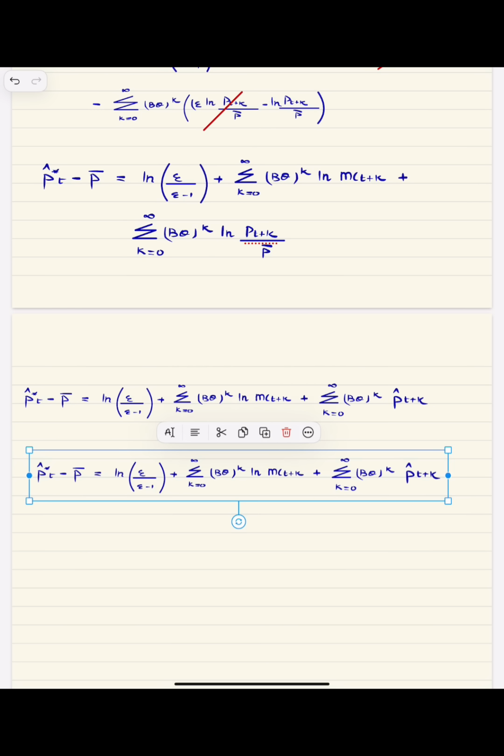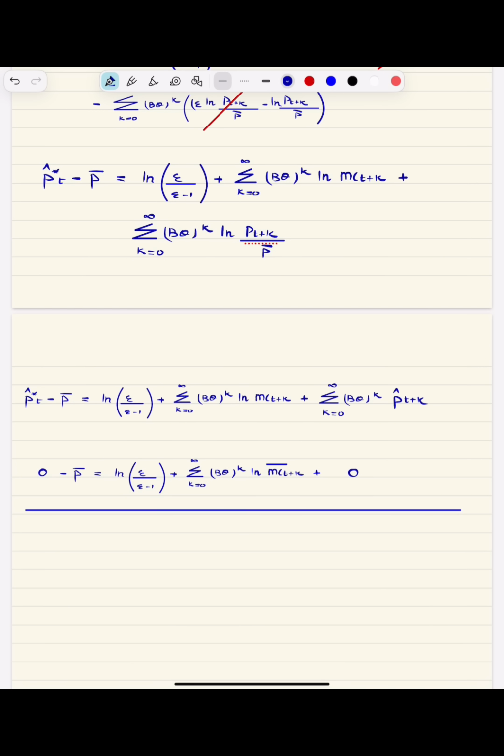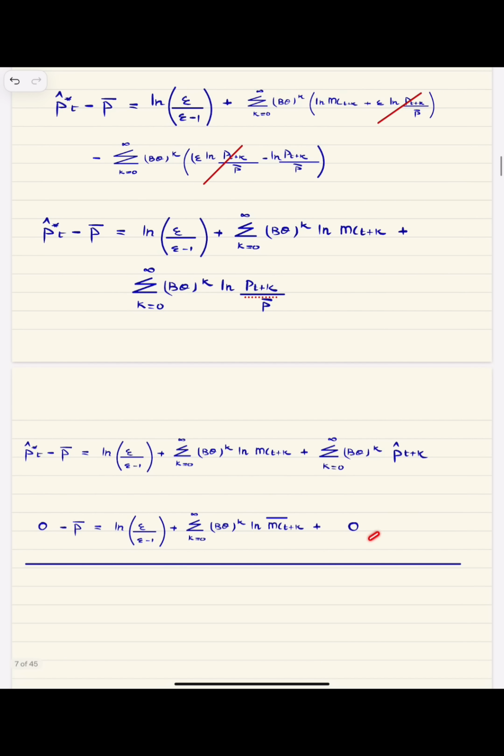Remember, in the steady state there's not going to be any change in the level of price, no deviation, so this is just going to be a 0. This is going to be at the long run level, with no deviation over here, so this becomes a 0 and everything gets multiplied by 0. Now I want to subtract the second equation from the first one.